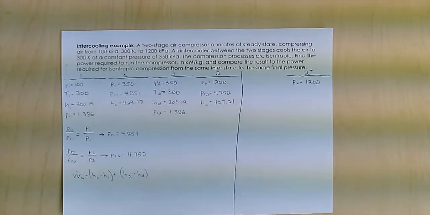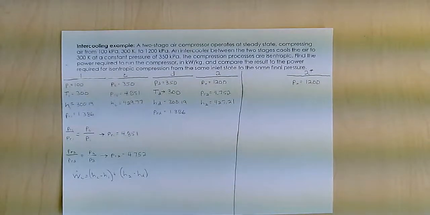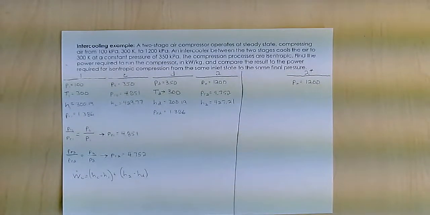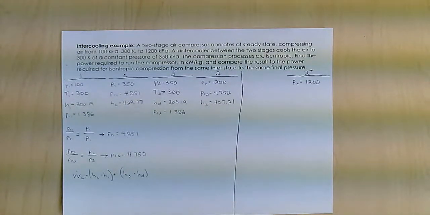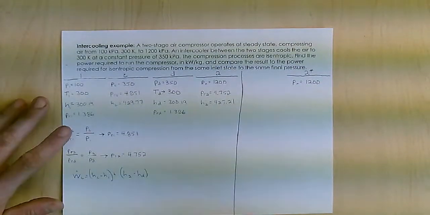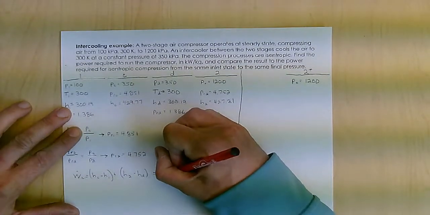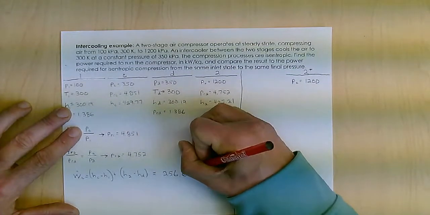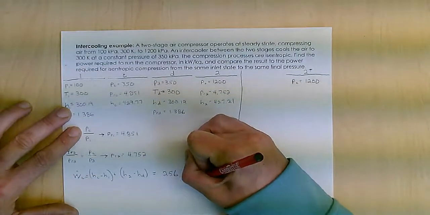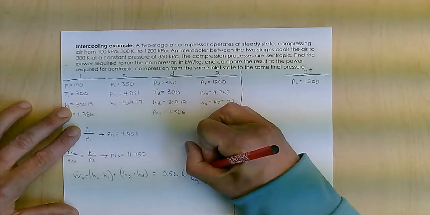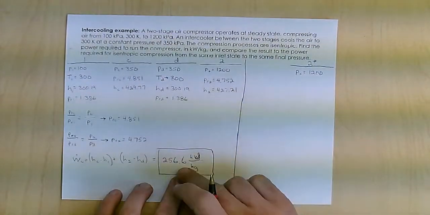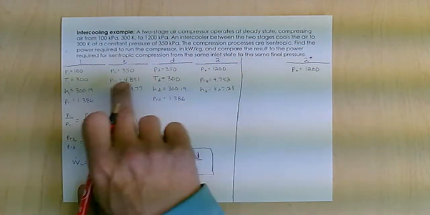Plugging those values into a calculator, I get 256.6, and that is kilowatts per kilogram. Actually, that would be kilojoules per kilogram. Excuse me. So that's the work done by the intercooling one.